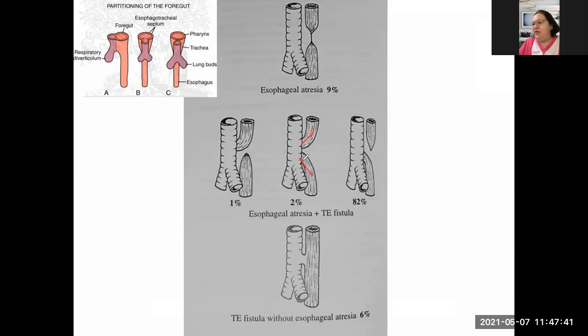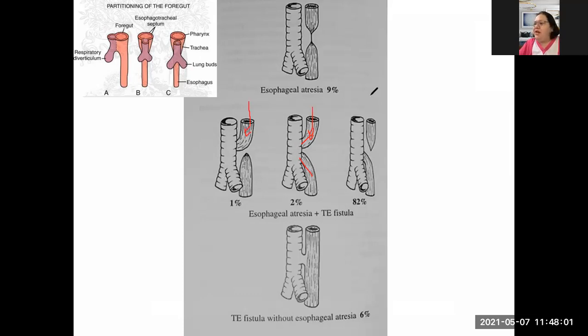So, okay, you see this one, and this will probably develop aspiration pneumonia and cyanosis, same as this one. Because when you feed the child, instead of going to the lower portion of the esophagus, it will go to the trachea and therefore to the lungs.